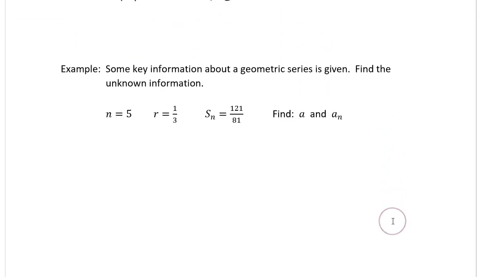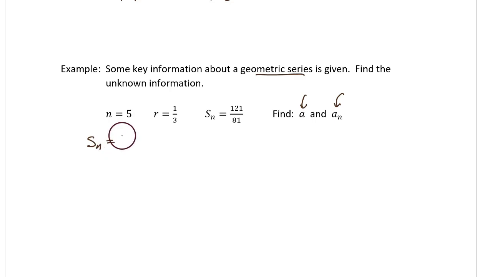Here's one more example. Some key information about a geometric series is given. Find the unknown information. So we have the letter n, we have r, and we have the sum of n terms. We want to find a, and we want to find a sub n. Well, let's use a formula that has the letter a in it. That could be our first formula from today.